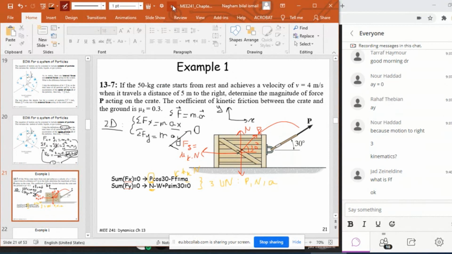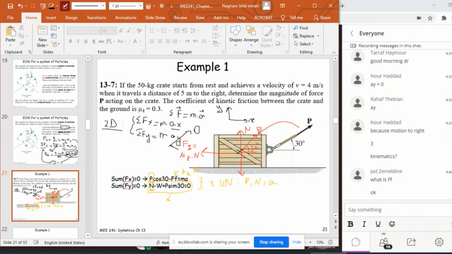Now, how can I find this acceleration? If I go back to this equation, P is constant, and this will also imply that N will be constant, right? So I'm always pulling this crate with the same force using the same angle.